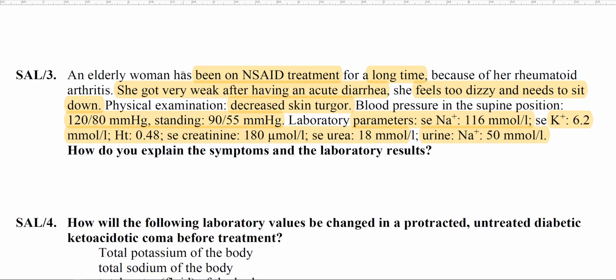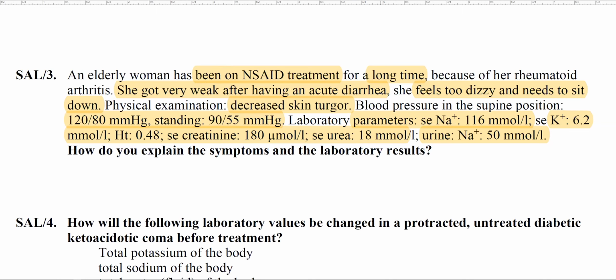So this patient, an elderly patient, was taking NSAID. What is the function of NSAID? It's a cyclooxygenase inhibitor, so it's inhibiting inflammation and is a painkiller. Now, she did not have any problems so far. However, lately she had diarrhea.